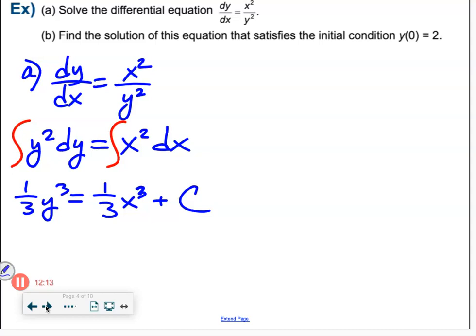The College Board a few years ago made a suggestion to AP Calculus teachers. They gave us the suggestion, please have your students find c first and then solve for y. The reason they have you do this, here's why.